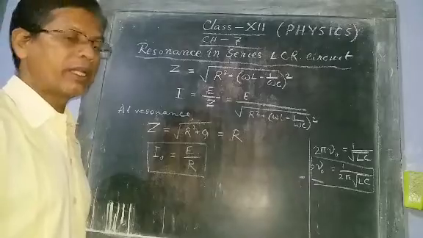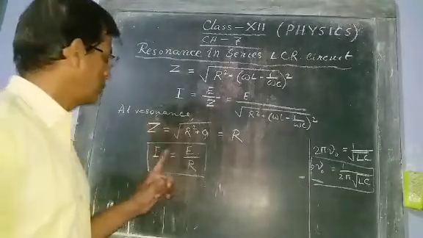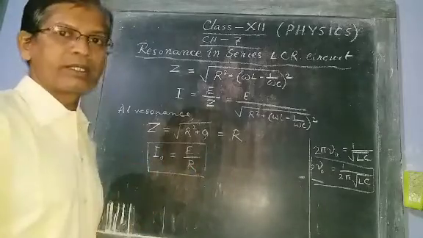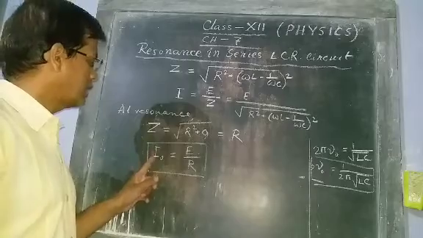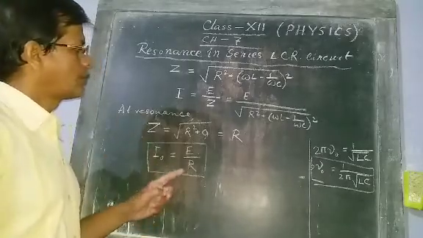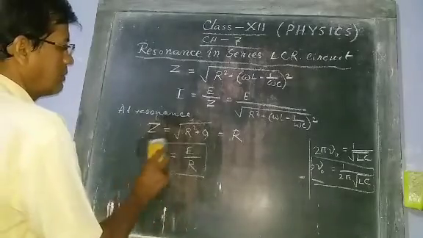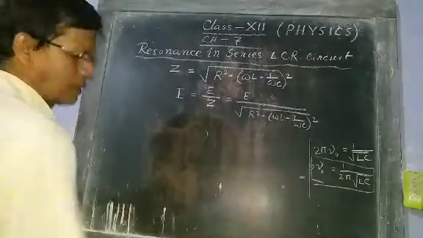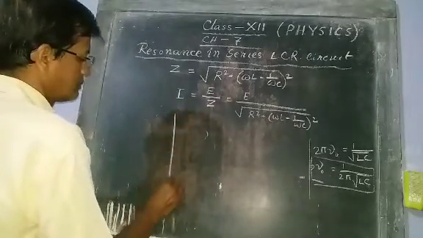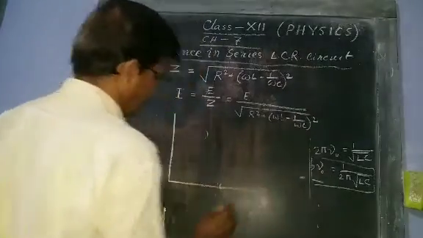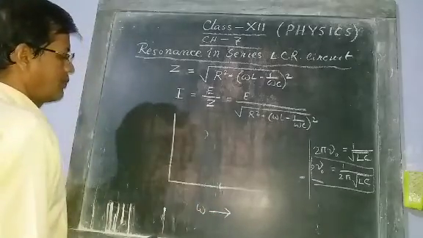Now you see how this can be represented graphically. That means, what will be the graph between current and frequency? In this direction, frequency.